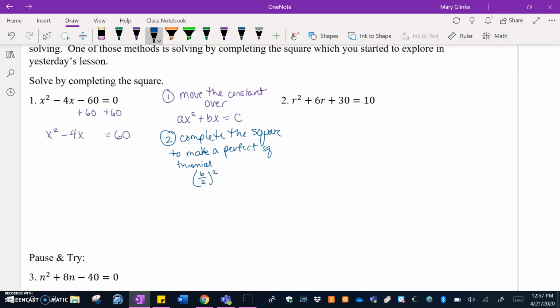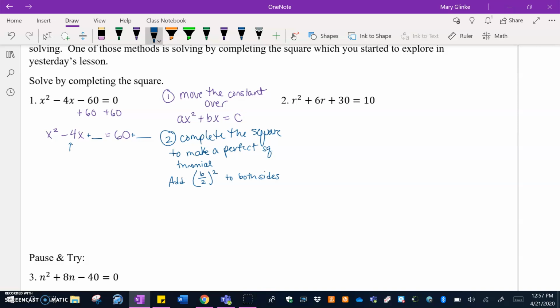And what we're going to do is we are going to add that to both sides. So in your equation here, we're going to write a plus and then leave a space on both sides. So we move the 60 over, we leave a space on both sides because we need to figure out what goes in that space to make the left-hand side a perfect square trinomial.